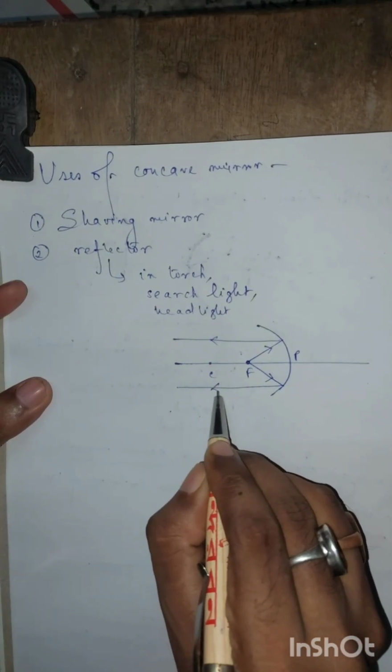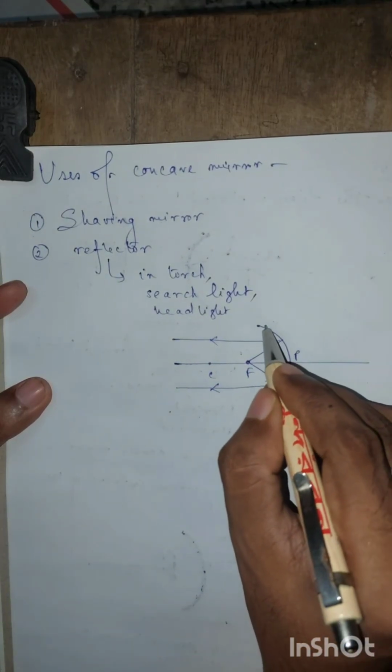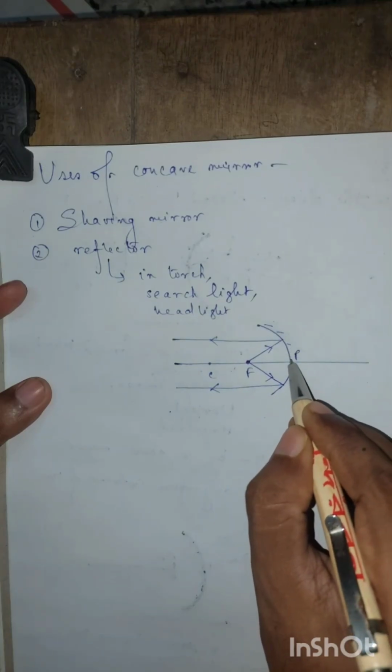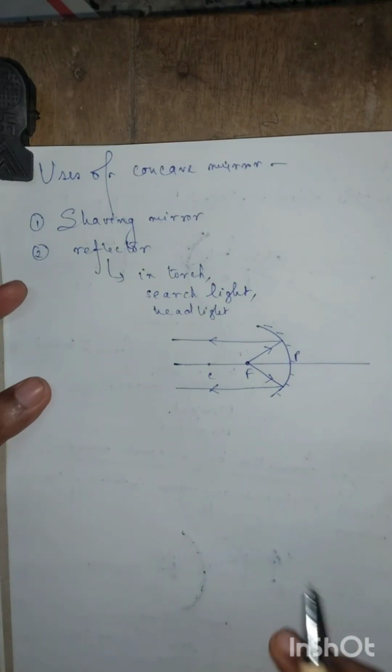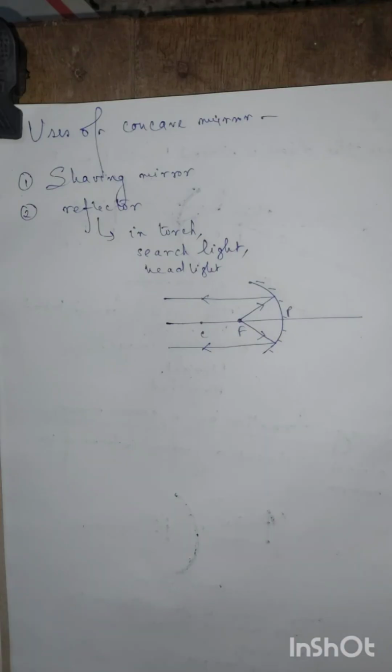So this kind of a mirror helps us to get parallel rays of light.